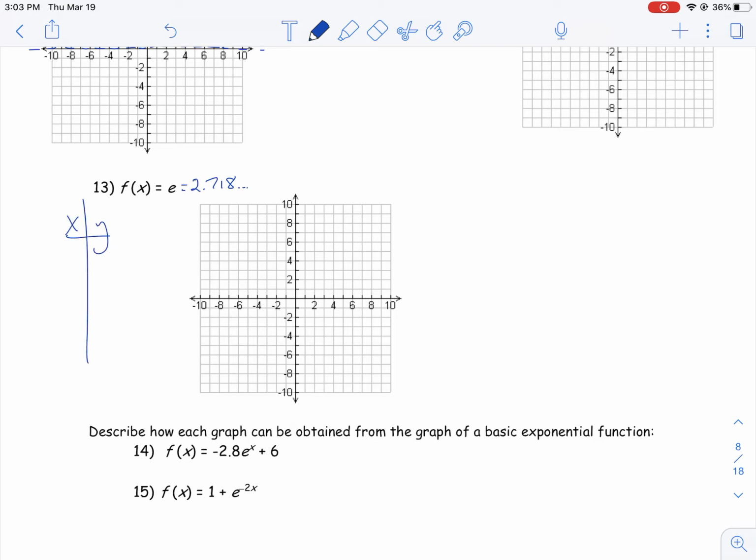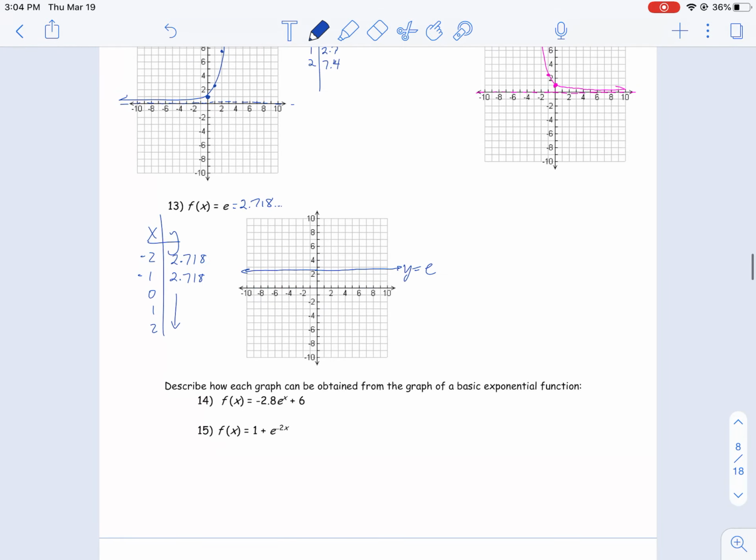If you think about making an XY table here, you wouldn't need to. No matter what I put in for x, my function's always going to be 2.718. So I just end up with a horizontal line here at y equals e, 2.718.